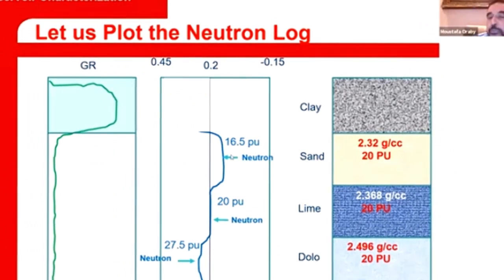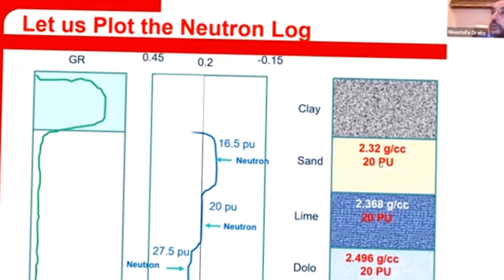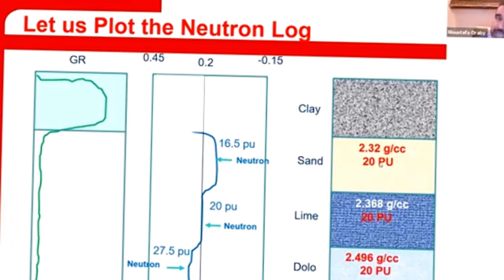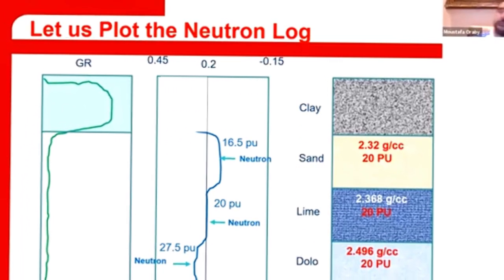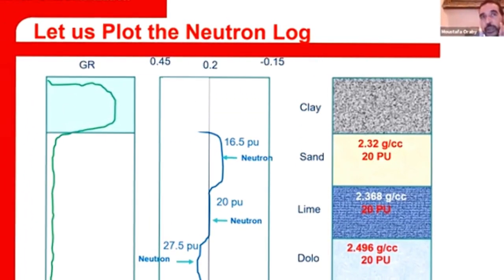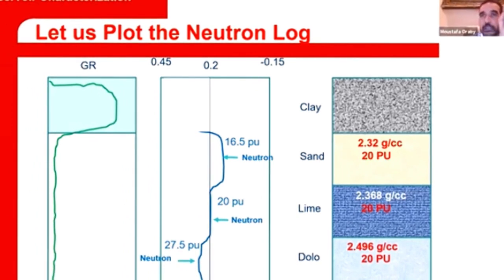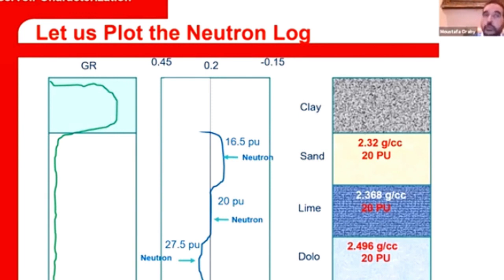It will read less porosity in front of the sand because I'm putting my sand on limestone scale. We just saw that if I put my 20 PU sand on limestone scale, it became 16.5. When I put my 20 PU dolomite on limestone scale, it became higher, 27.5.